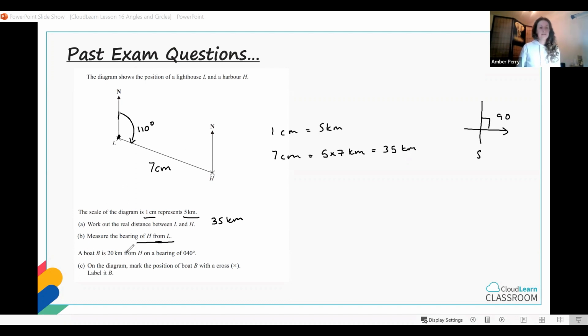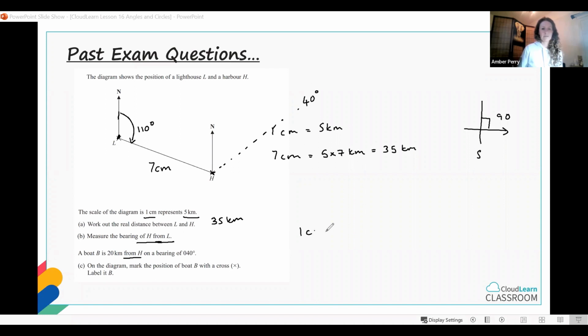And then part C, a boat B is 20 kilometers from H on a bearing of 040. So now we're going to go from H, okay? So now I need to put my protractor at H. I need to once again line my north lines up. And I once again want to get that angle of 40 degrees. So I know my angle of 40 degrees is going about that way. That might be a little bit big, but there we go. So I've drawn my line of 40 degrees and I want my boat to be 20 kilometers away.